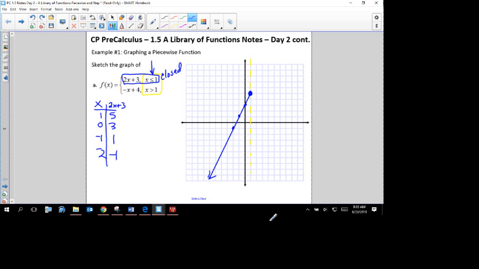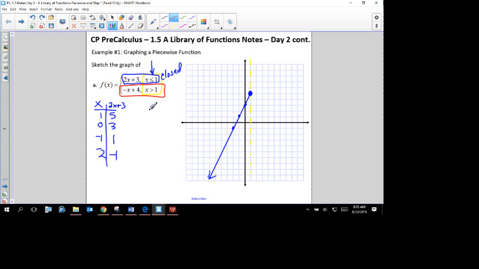Then we look at the other piece of the function, negative x plus 4. And these values are going to be that x is greater than 1. X is greater than 1 means it doesn't equal 1. But it does mean it equals 1.00000001, like anything greater.